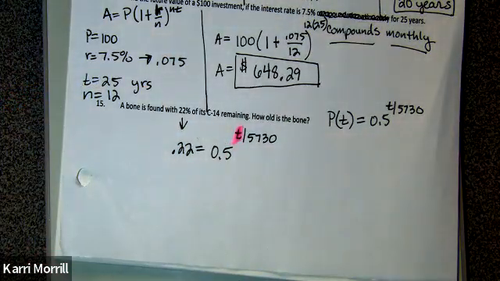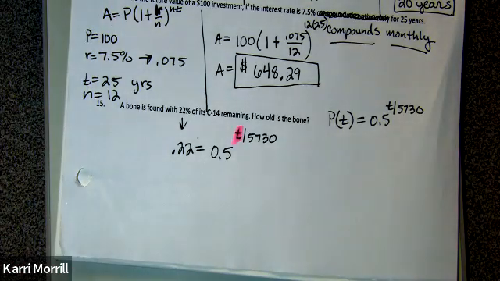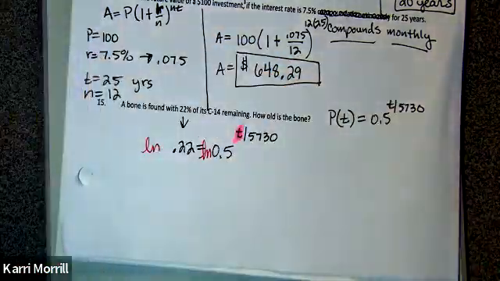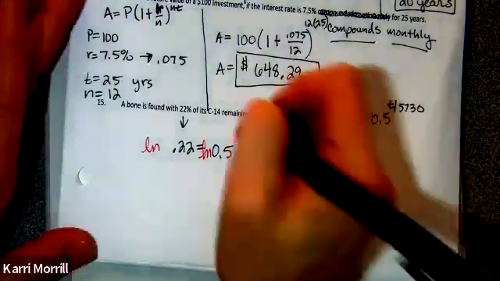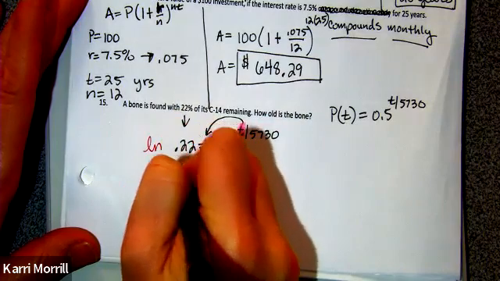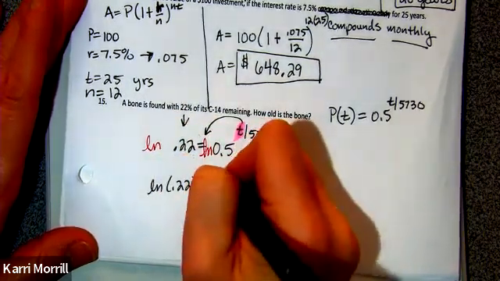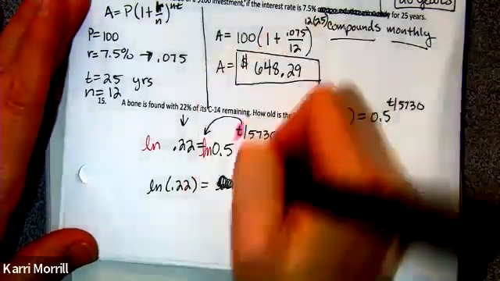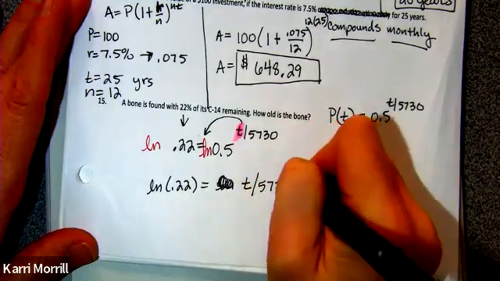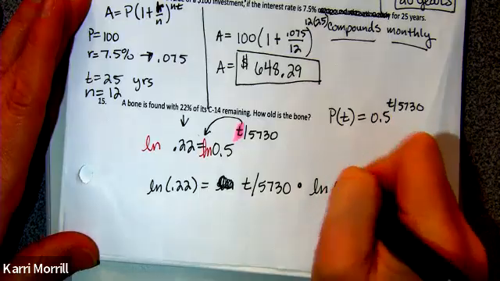So we can just jump right to taking the natural log of both sides. Then we can pull this down in front of it. So we have the natural log of 0.22 equals T over 5730 times the natural log of 0.5.